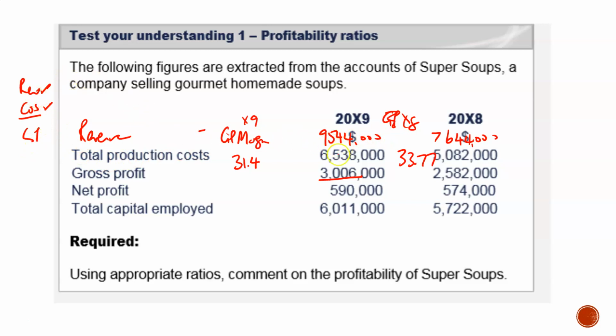And what does that mean? So technically, if GP margin falls, it means that either revenue stayed the same and cost of sales increased, or you could have a scenario where revenue increased, but cost of sales increased by more, so the cost of sales had a greater increase than the revenue.